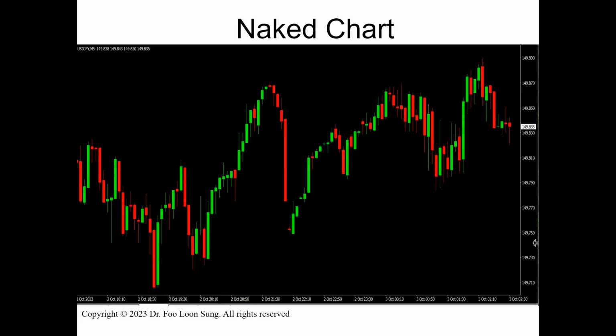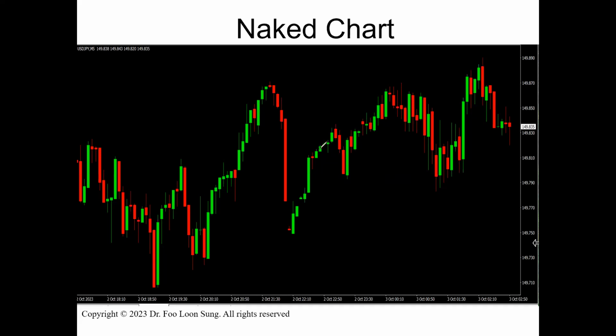Let me show you a naked chart. Here is an example of a naked chart. As you can see from this chart, it's a very, very simple chart with candlestick patterns.